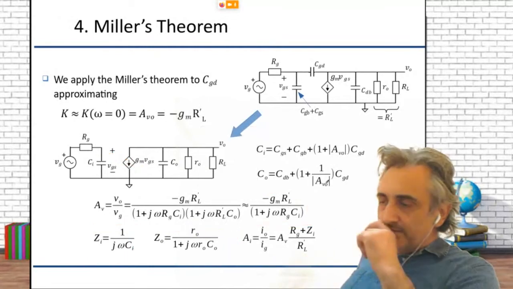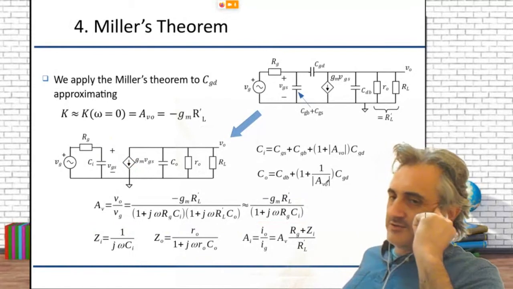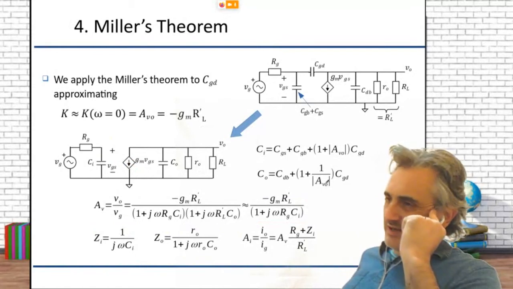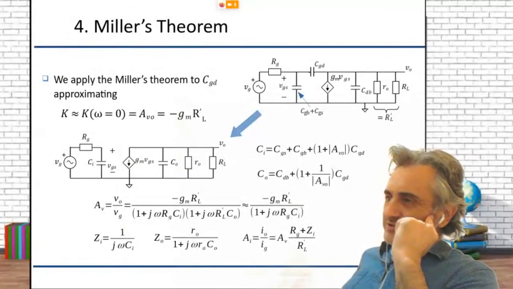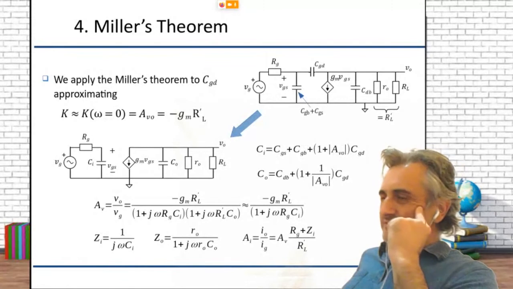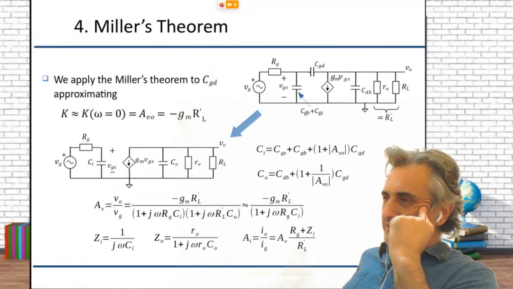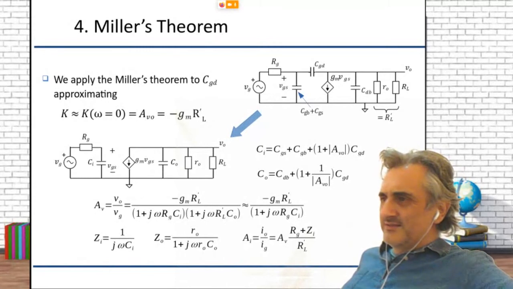Okay, and now you should be asking me: we have assumed that the gain was more or less constant through all the frequencies, and now we are saying that the gain is not constant through the frequencies.